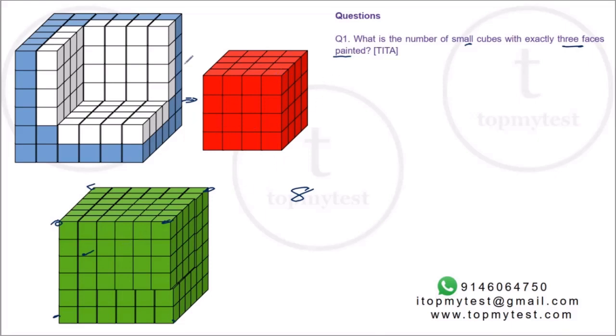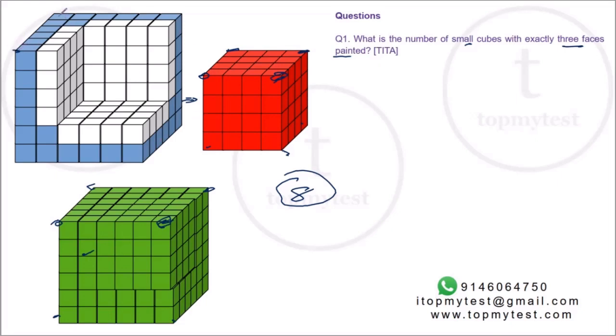So we need to figure out from these two figures which are the places where 3 faces are exposed. Now this is a cube, so you will obviously have 8 corner pieces from here. So 8 pieces will be here. Now what about the remaining part? There are some corners from the large cube which are still part of it. Only one corner is used up. Only this corner is common between the large cube and the smaller 4 cross 4 cross 4 cube, so this corner is counted here, but the other 7 are not counted.